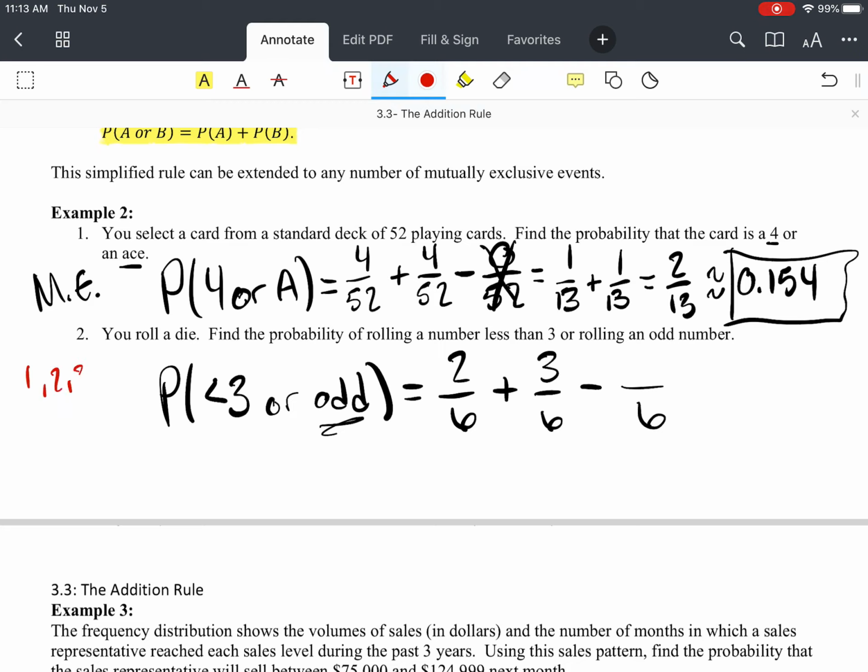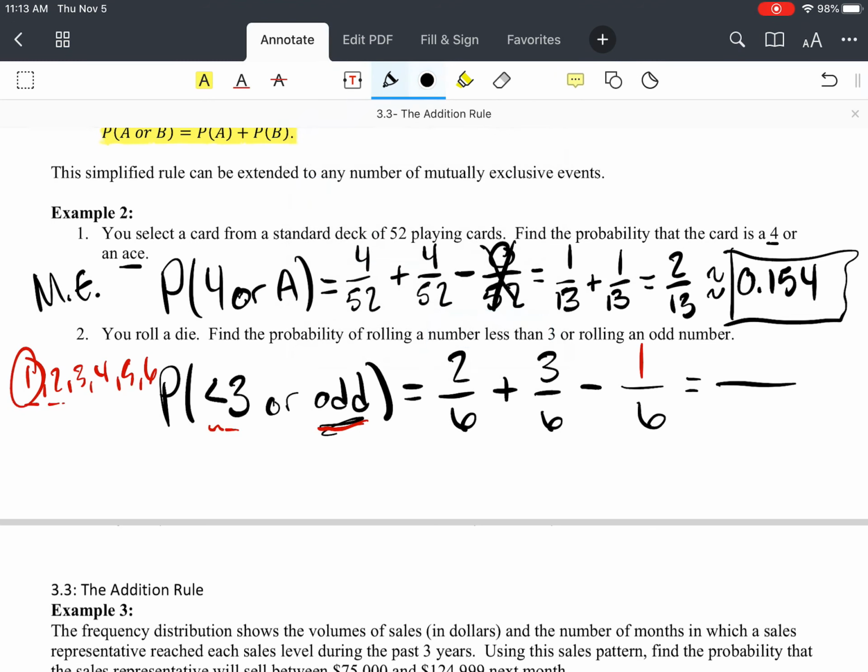To do this, I could list out the numbers: 1, 2, 3, 4, 5, and 6. Then we're looking at the numbers less than 3, that's just 1 and 2. Then the numbers that are odd, which is just 1. So we have 1 that is both odd and less than 3.